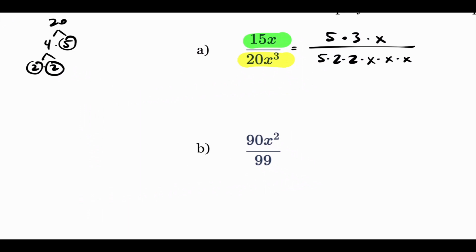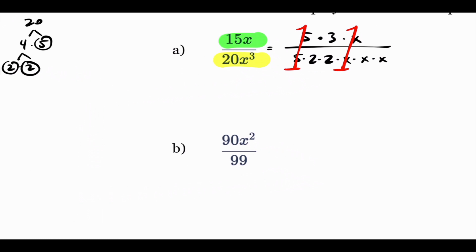It's factor. Look for things to cancel out. 5 divided by 5 makes 1. X divided by x makes 1. So on top, I get 1 times 3 times 1. On bottom, I get 2 times 2, which is 4.